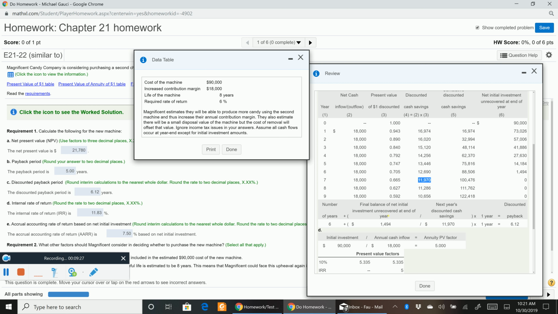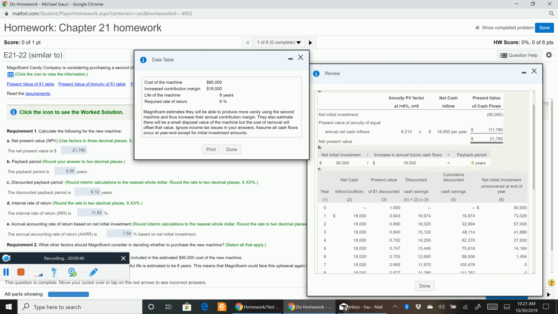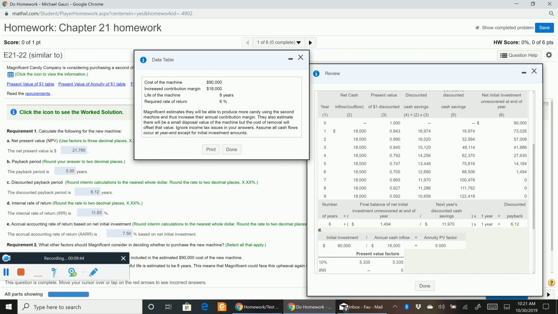So 6 plus the percentage of year 7 that we work through, we get 6.12 years. So the payback period without discounting, if you recall, was 5 years. But when we do discount to present value, you can see it's 6.12 years.